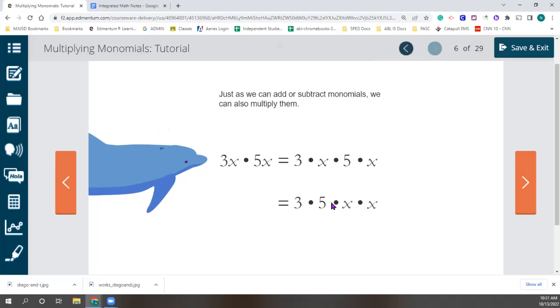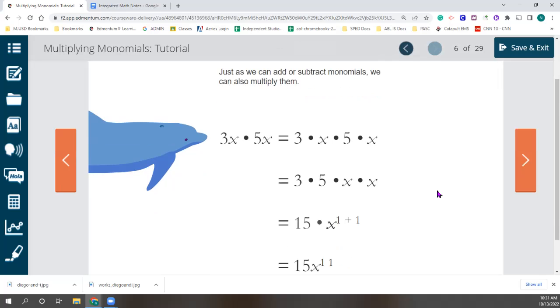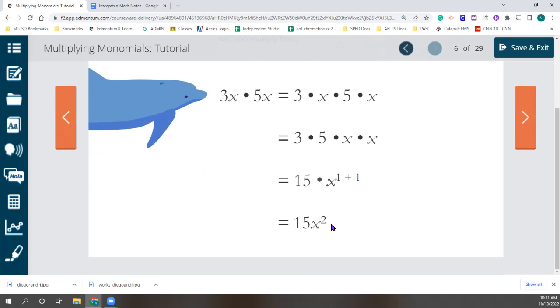So 3 times 5 times x times x. 15, 2 x's. What's 1 plus 1? 15x squared.